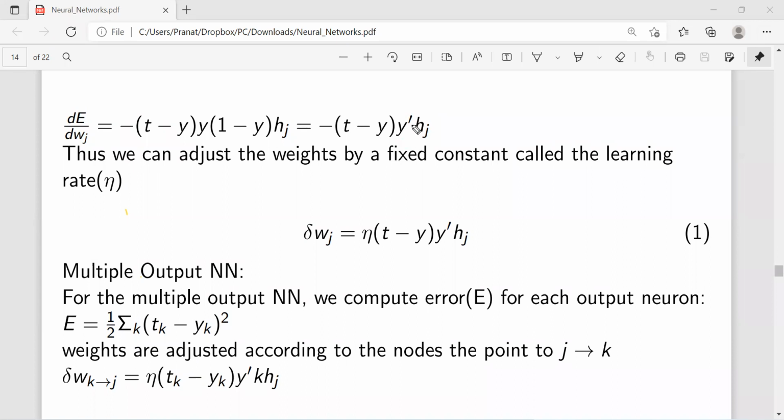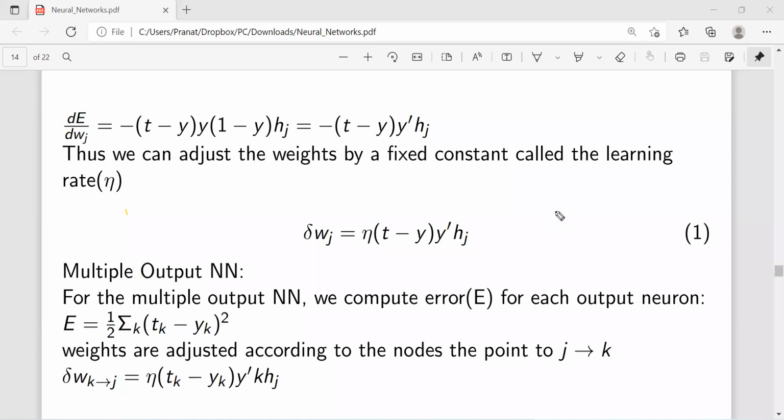Usually I have seen it to be 0.25, 0.5 or so. So we have just multiplied this whole thing by a constant called eta, which is the learning rate. Nothing else. We've computed the derivative of the error term with respect to w and multiplied it by the constant eta. That's all we have done.